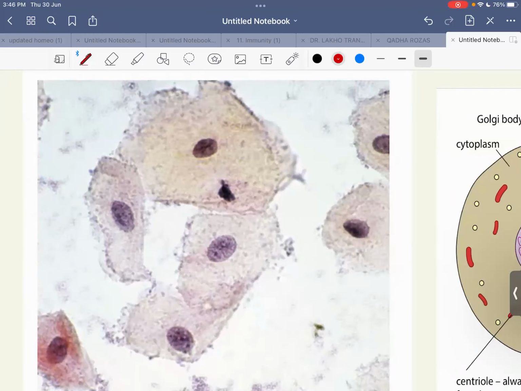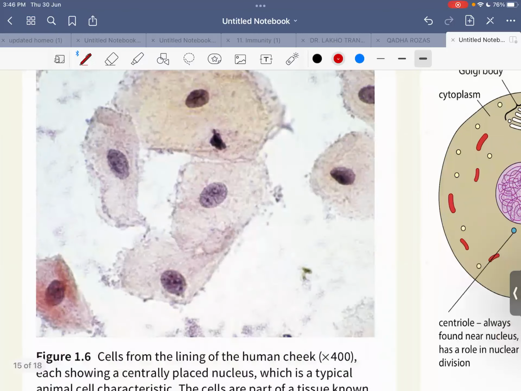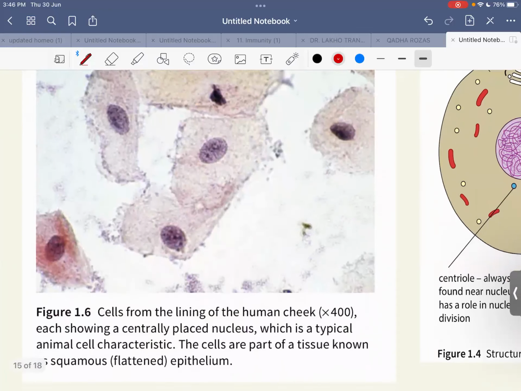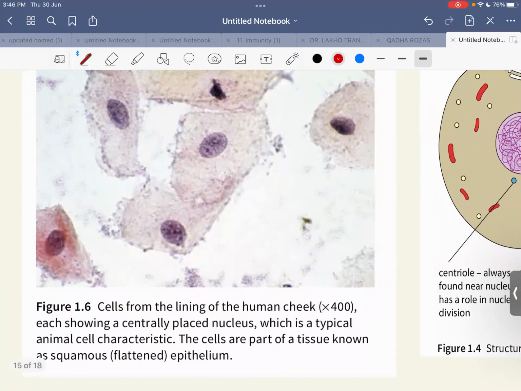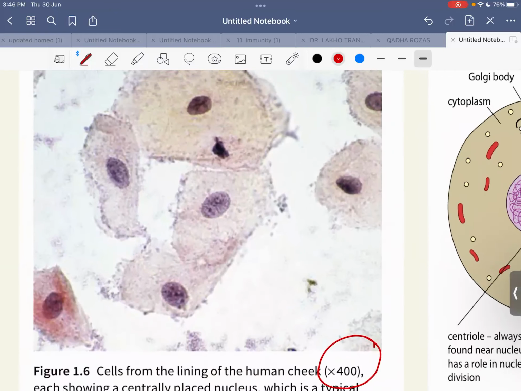So hence the name light microscope. A very good quality light microscope can give you a total magnification of 1500 times. And here you can see that the magnification is around 400 times. So this picture has been magnified by 400 times.